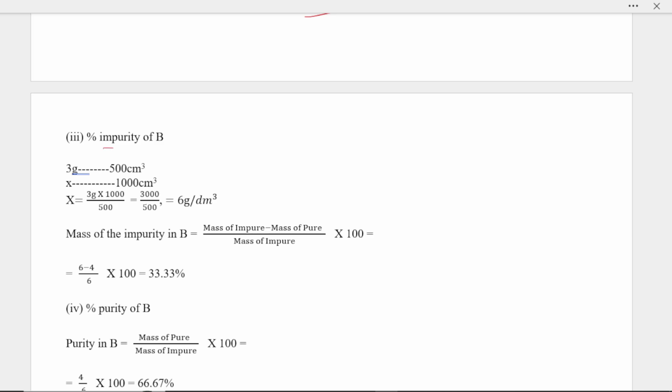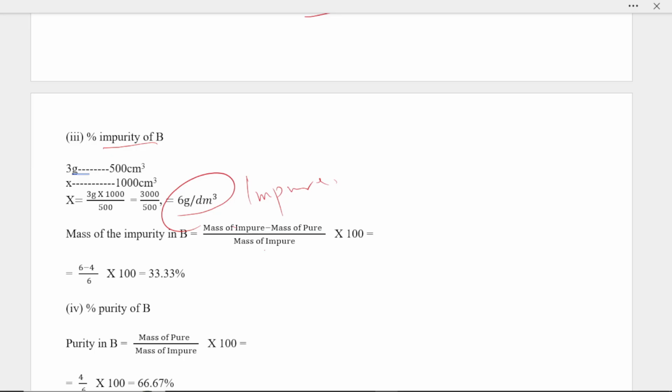Now we have to calculate percentage impurity. But remember, we are given an impure 3 gram in 500. So you are going to be converting into what? To gram per dm³. So when you do that, you have 6 gram per dm³. This is our impure. So if you are calculating the mass of impurity, or percentage impurity, it is going to be mass of impure minus pure over mass of impure times 100.